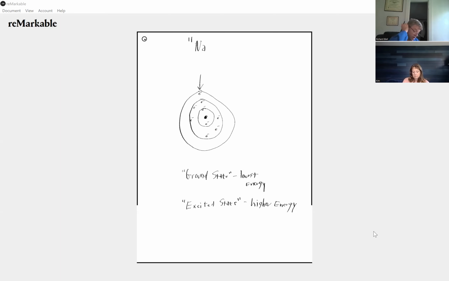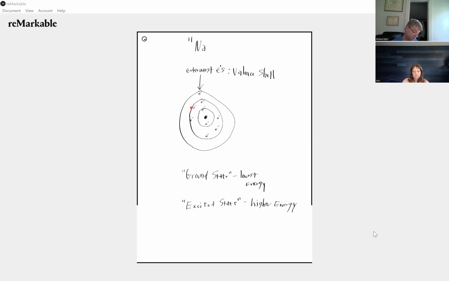Now, here's a very important concept. The outermost electrons are in what we call the valence shell. The valence shell is the outermost shell of the atom.